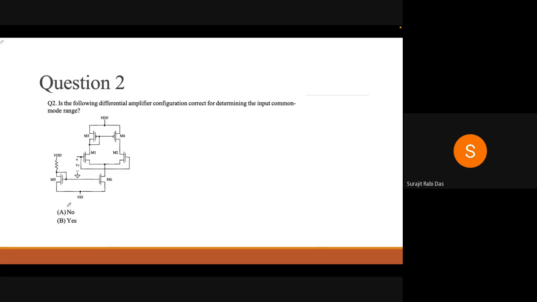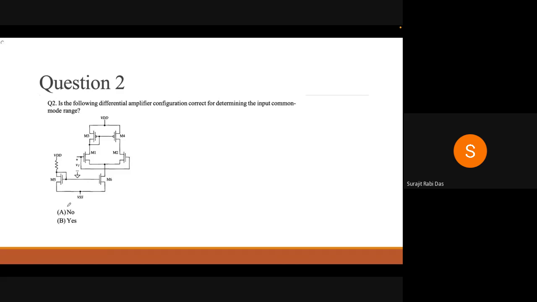So for finding the VCM max, it is VT plus VD, where VD is VDD minus I by 2 into RD. You can find that because ID is very much known, from the current flowing in the current mirror circuit, and RD is also given. M3 acts as a resistor, so that is the equivalent resistor. So VCM max can be found.